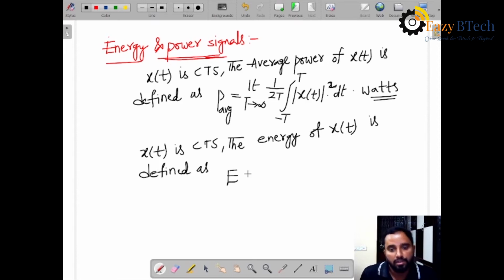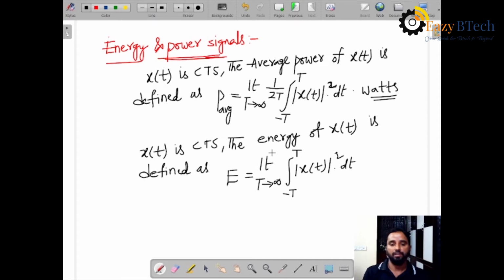E is equal to limit T tends to infinity integral from minus T to plus T of mod x of t whole square dt.